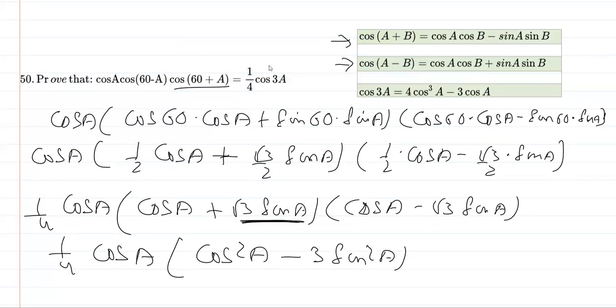Well, you can see in the RHS, we just need 3A. We don't need any sin term. And as you know, cos 3A can be obtained using this relation, that is 4 cos cube A minus 3 cos A. So we are going to replace this sin square A using the relation that sin square A plus cos square A is 1. That is, I can replace this sin square A as 1 minus cos square A. So let me make some space here.